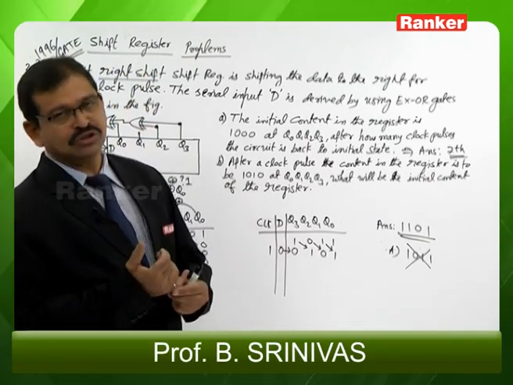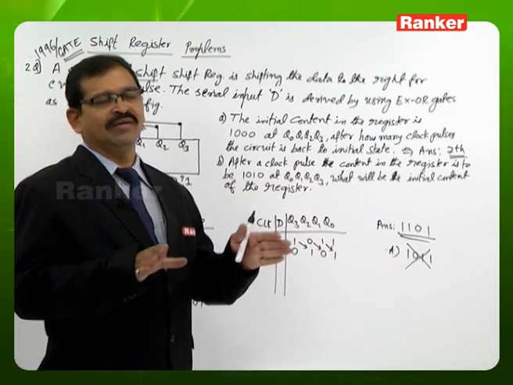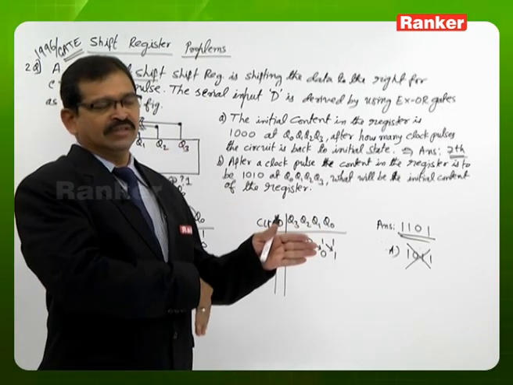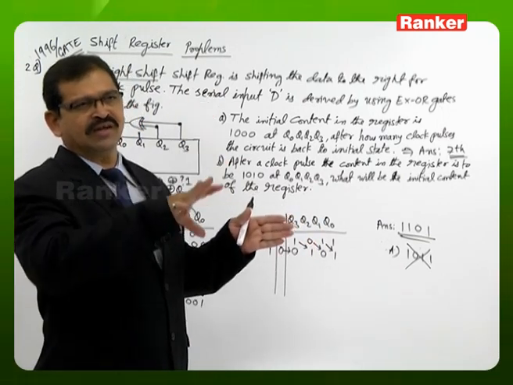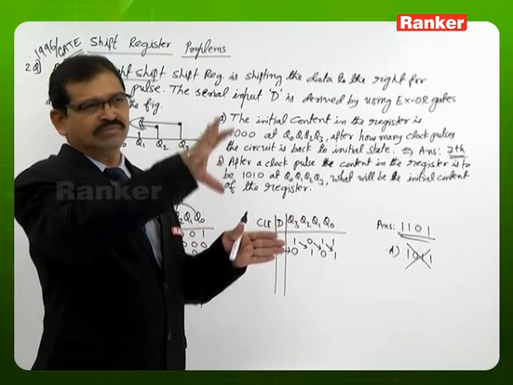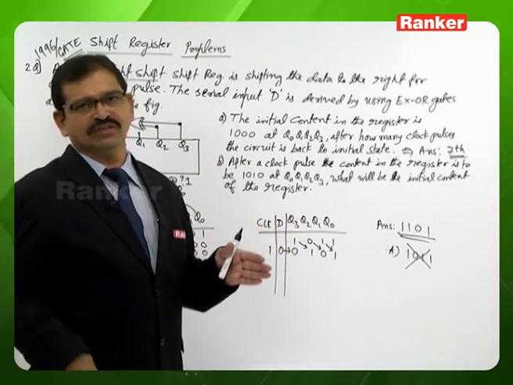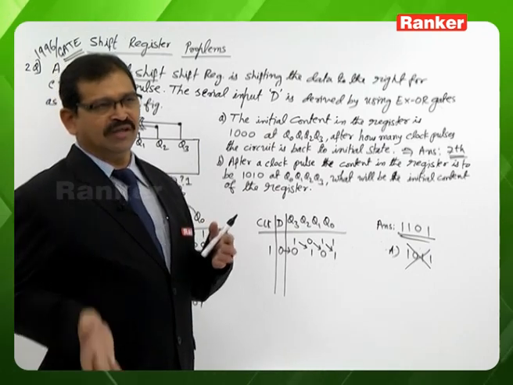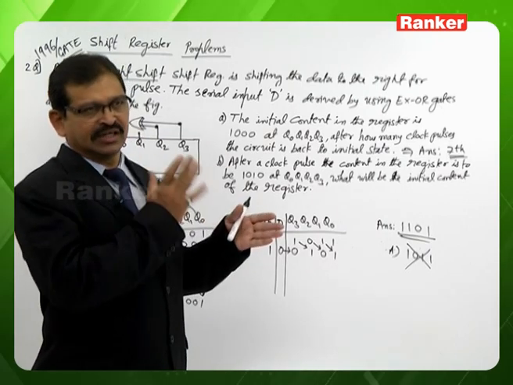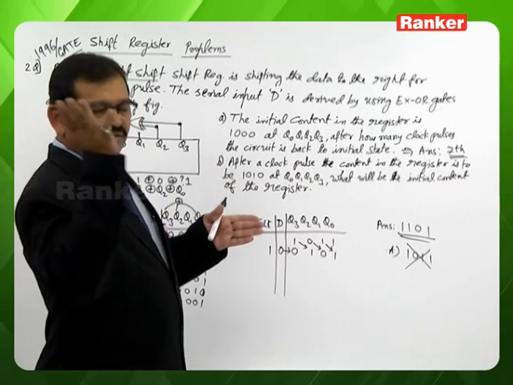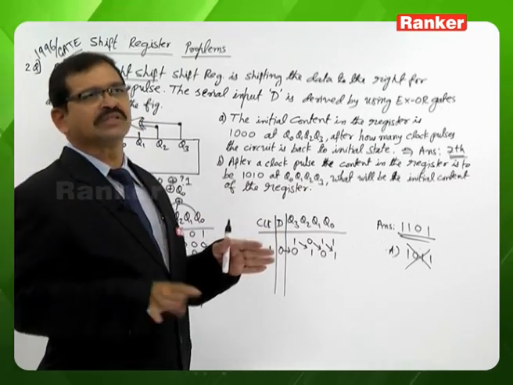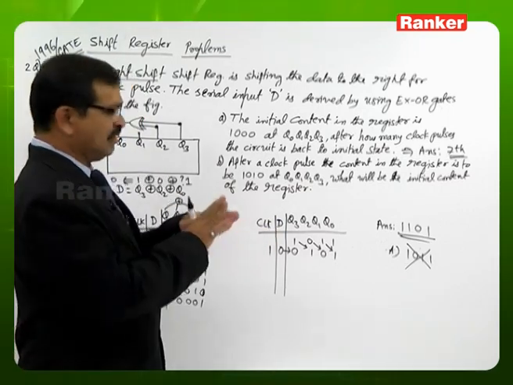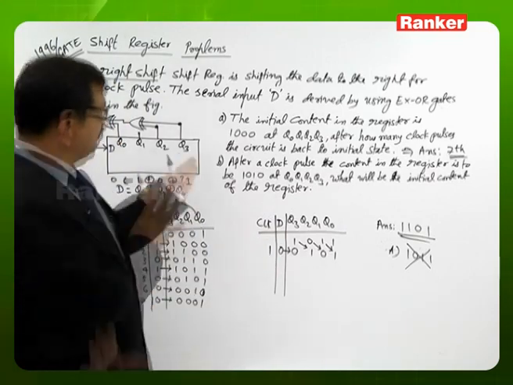Sometimes you will have questions in the match the following. In list 1, you will have shift register, decoder, items like this, some devices like this, and in list 2, you will generally be looking at the applications of each one of the devices present in list 1. So in list 2, generally you will be looking at one of the applications of the register. So these are generally the scope of the questions in this topic.